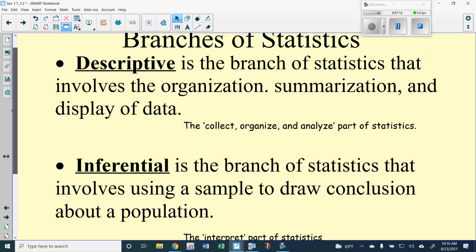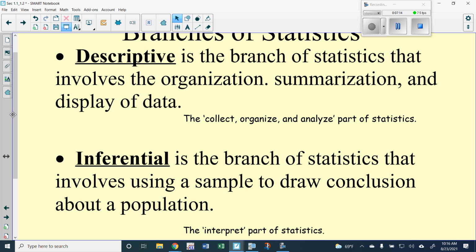This is all the stuff you've done before: mean, median, and mode, and bar charts. This is why statistics is so important, the inferential part. If you major in psychology and they do statistics in that, they're using the inferential part. This is the part where you make decisions, and that comes from there.